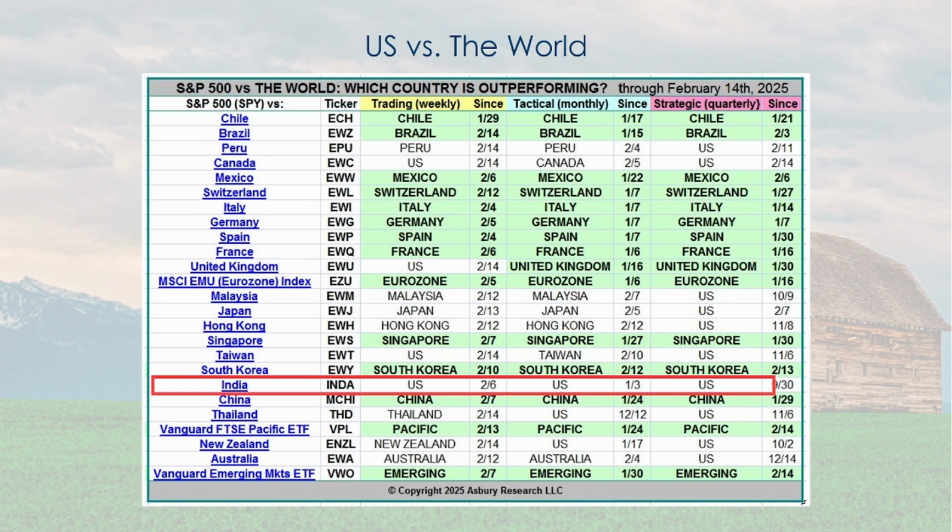Now, when we get to the U.S. versus the world, it's interesting. The U.S. market has been softening a little bit lately, and you can see that through some of the data I've shown you.